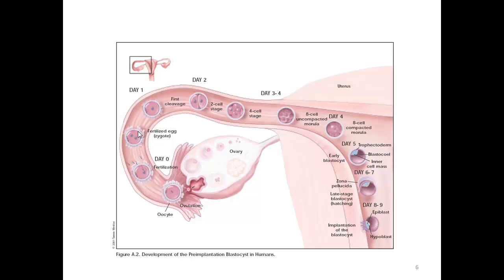The fertilized egg will then make its way down the fallopian tubes, and around day 6, 7, 8, 9 will implant on the uterine wall if successfully fertilized. So at around day 5, before implantation, you have this blastocyst stage and the inner cell mass, and this is the time period where you can isolate these pluripotent cells.